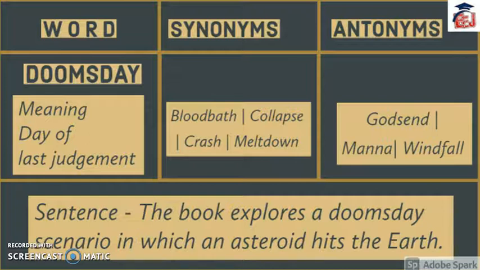Now let's look at the sentence. The book explores a doomsday scenario in which an asteroid hits the earth. So doomsday is the day of last judgment, where the last or final judgment is going to happen or has to be announced.